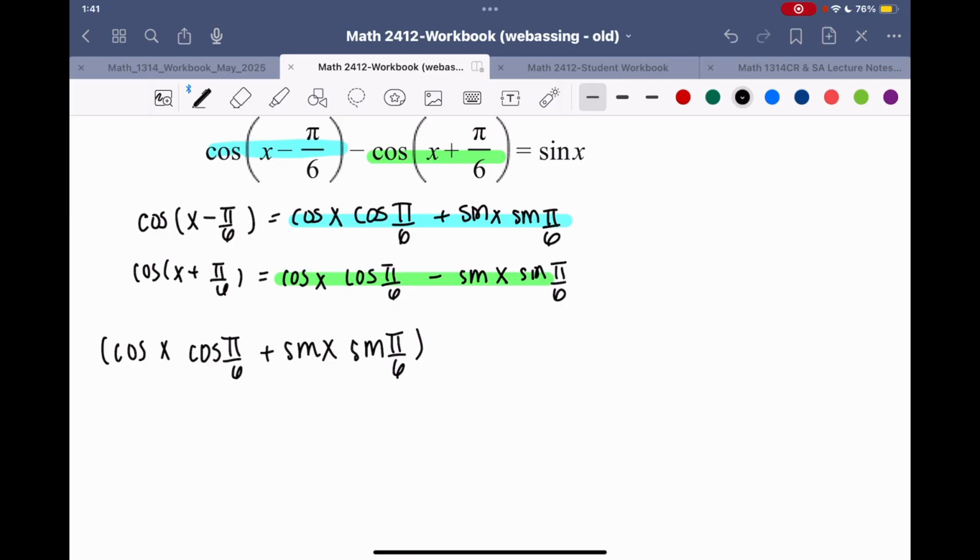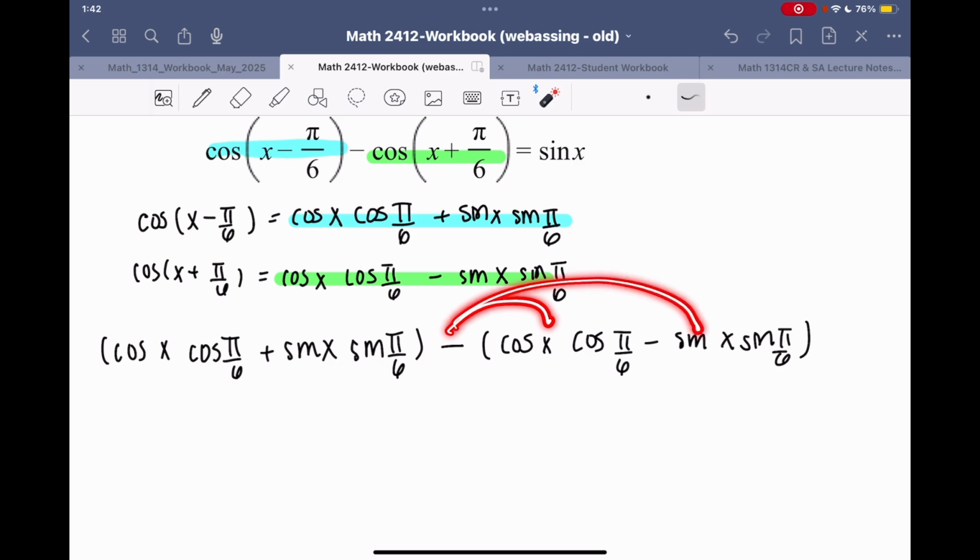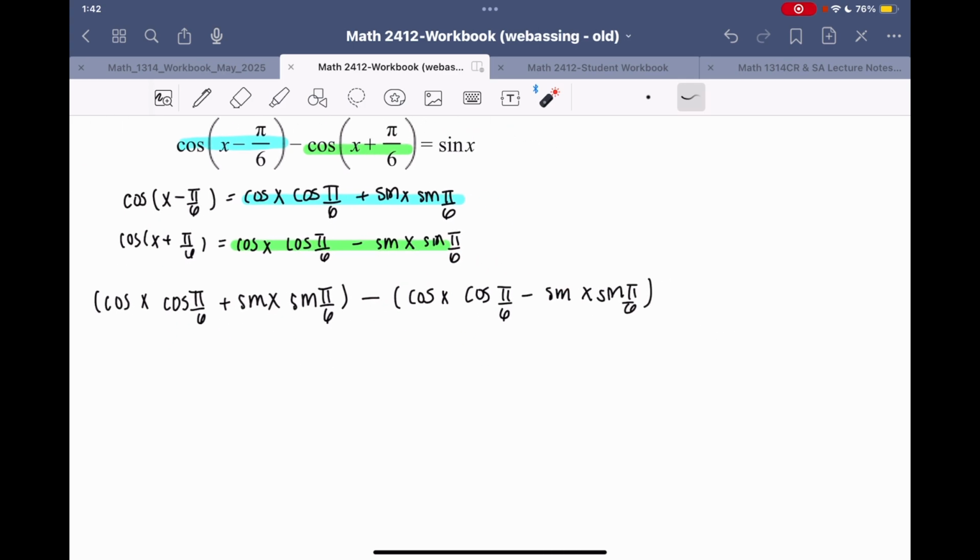That's going to go first, and then subtract cosine x cosine pi over 6 minus sine x sine pi over 6. And then remember, we're going to distribute that negative. So all of this is just, I want to give you the correct sum and difference.